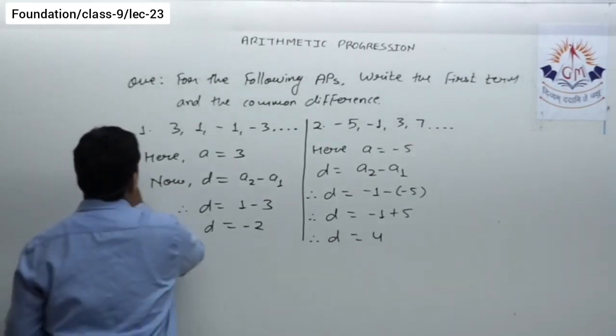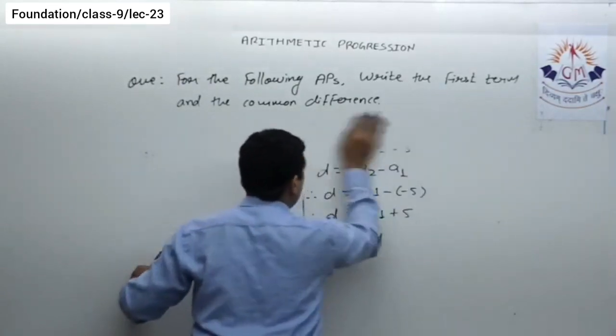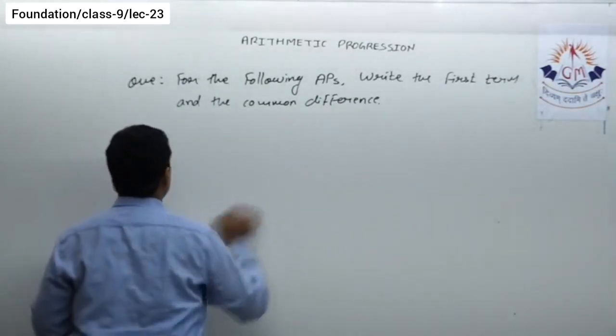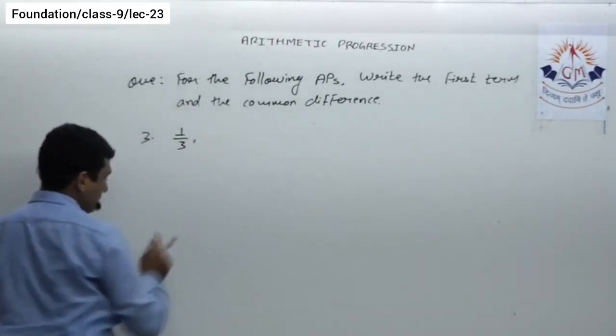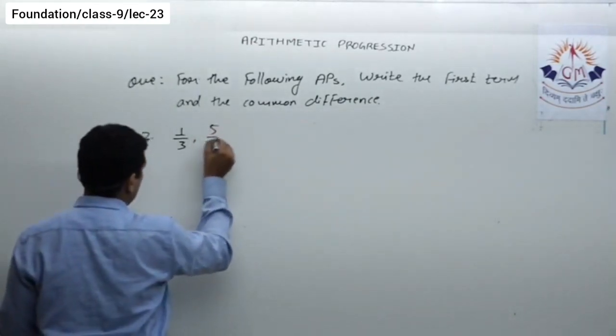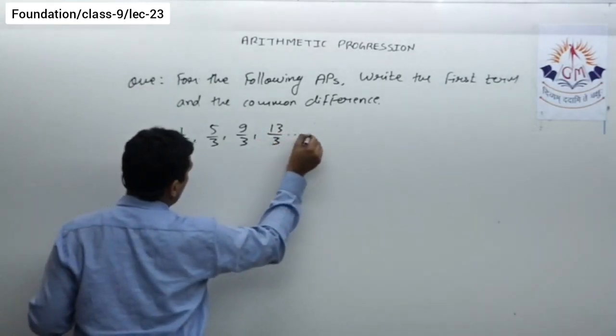Okay, next one, the third one, is 1 by 3, 5 by 3, 9 by 3, 13 by 3 and so on.